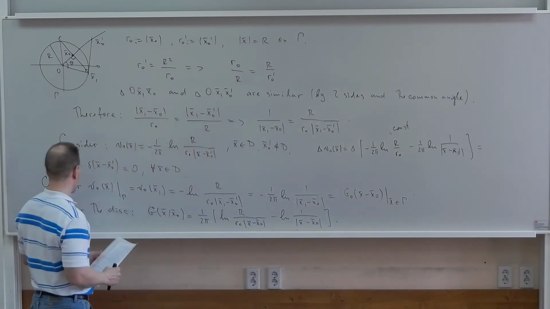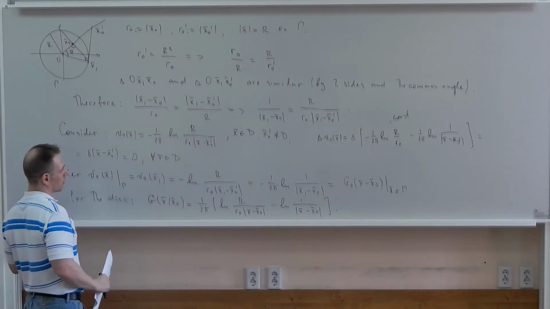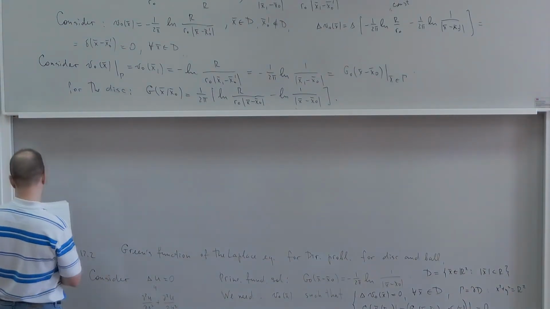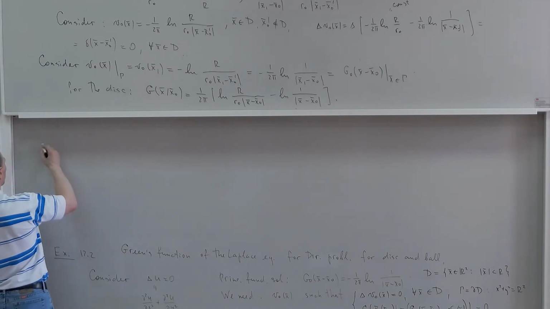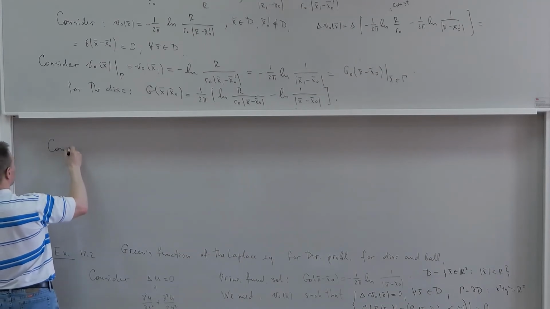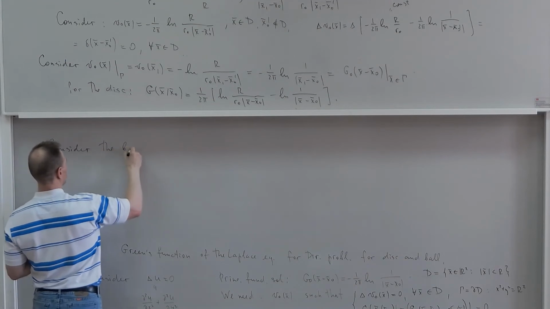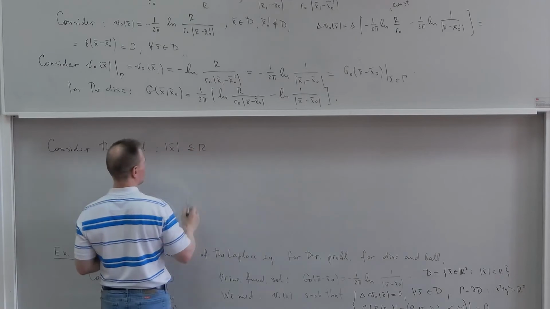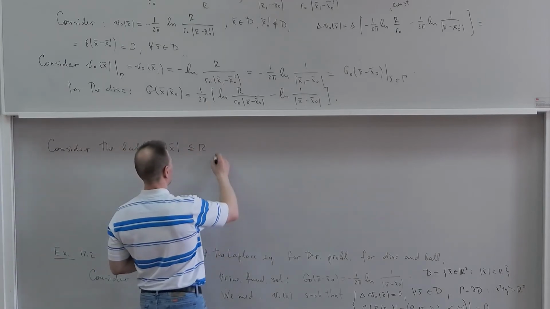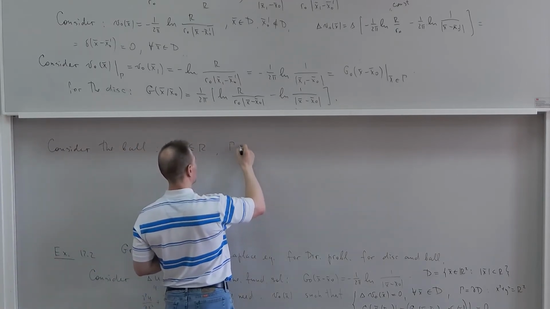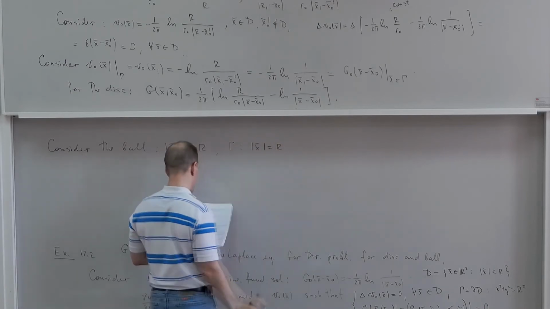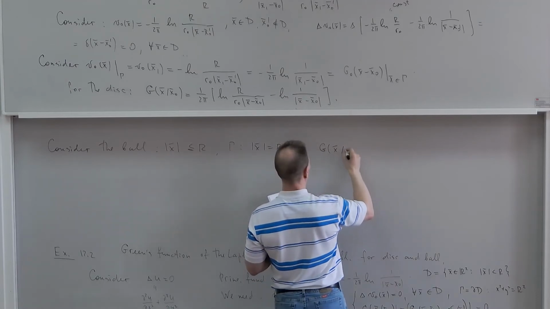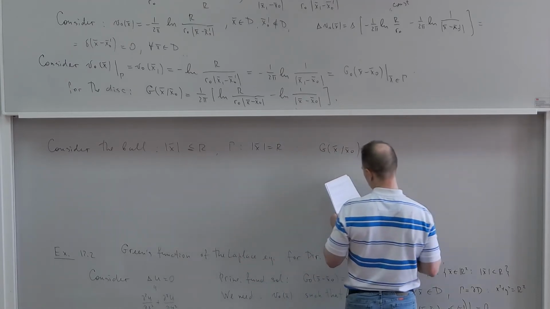So, and as for the ball, consider the following ball, and then gamma is a sphere. And Green's function using this reverse.